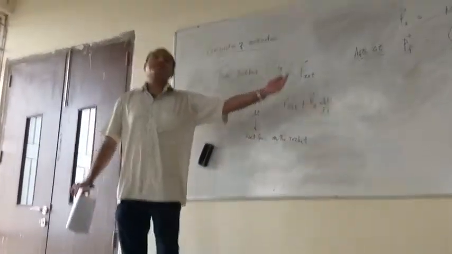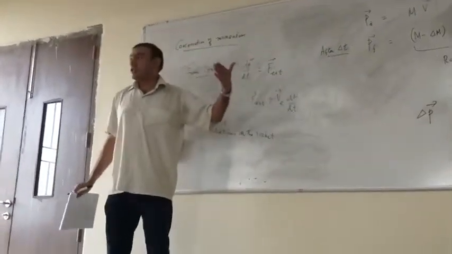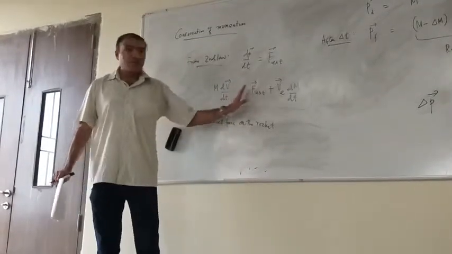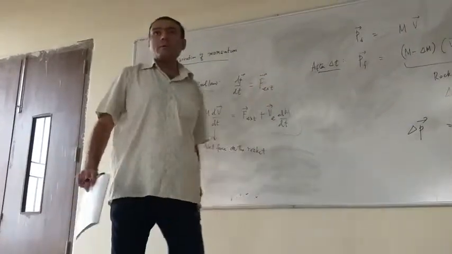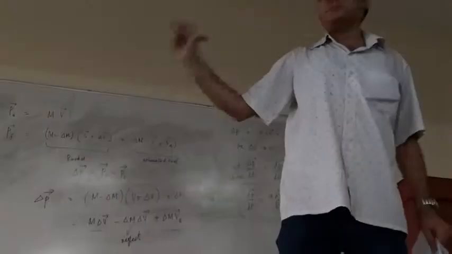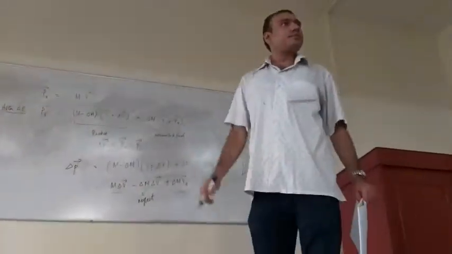Because it's a dynamic system, because the mass is changing, that's the net force acting on the rocket. So you see the difference now when you include changing mass, rocket propulsion being the most common and most relevant example. This is how the equations get changed.